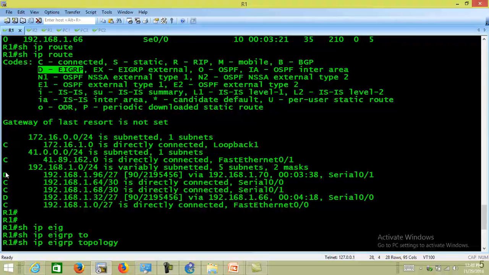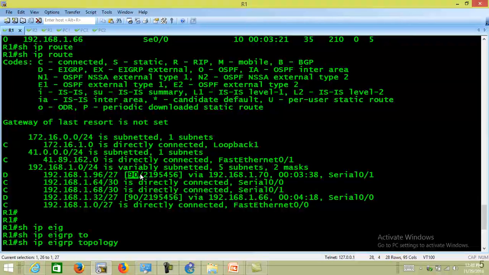So this router is telling us that it knows of this remote network and learned it through EIGRP. Unlike RIP, where you see R, you know it is RIP. OSPF, you'll see O, you know it is OSPF. EIGRP is D. This first number here is what you call administrative distance. This is the metric or the cost.